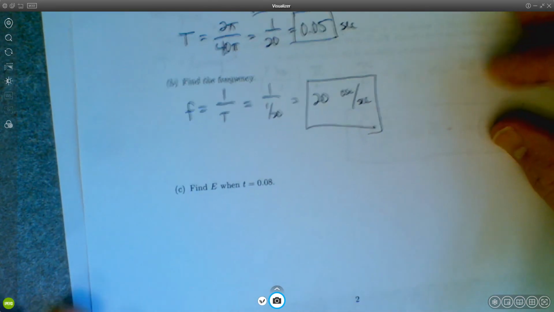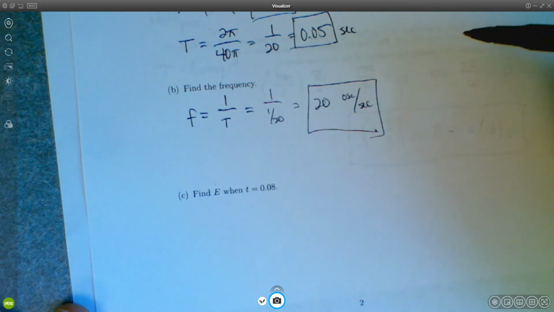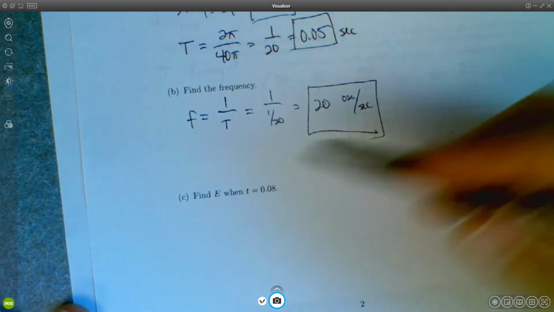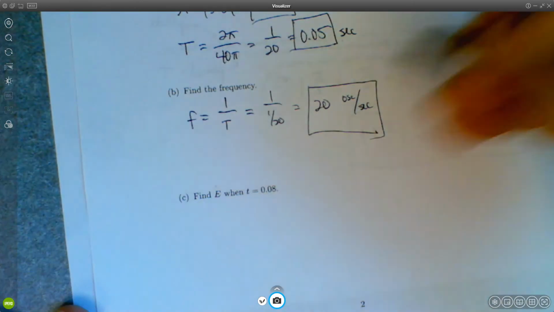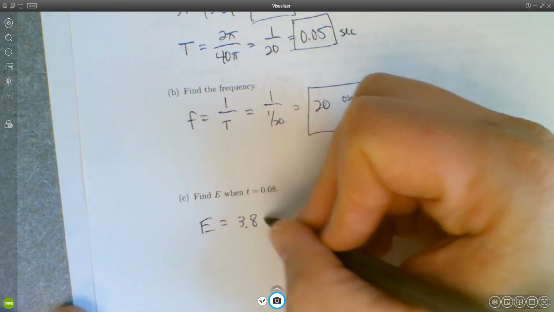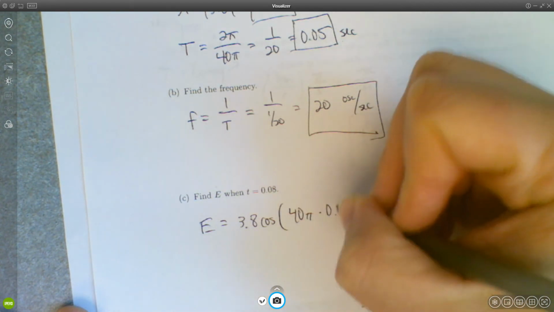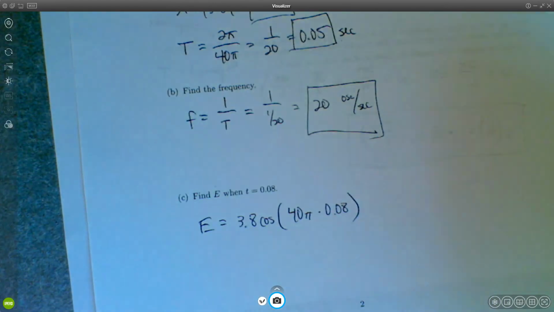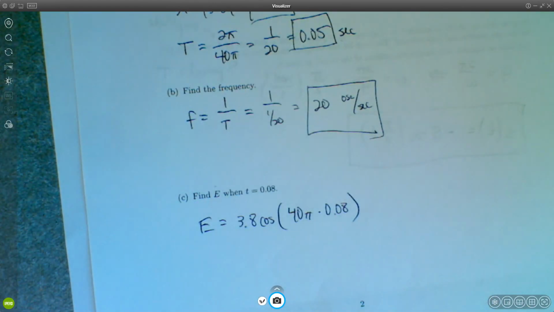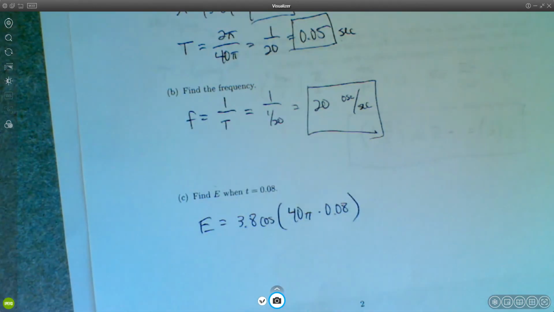And then part C asks us to find E when t equals 0.08. So find the voltage at 0.08 seconds. So we'll say E equals 3.8 cosine 40 pi times 0.08. And you just have to use your calculator for that.